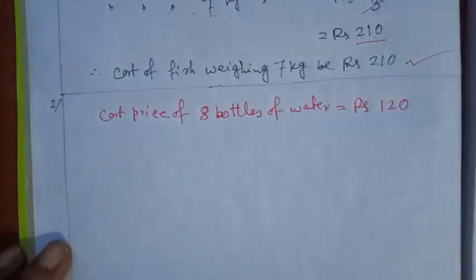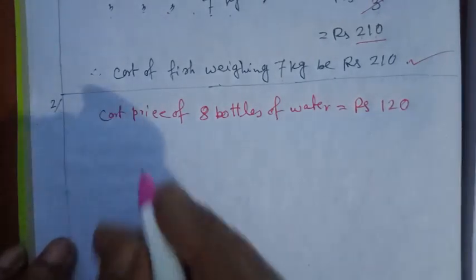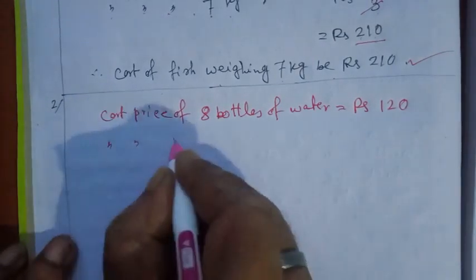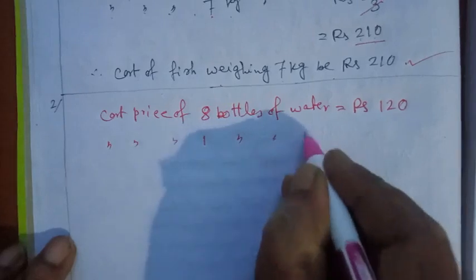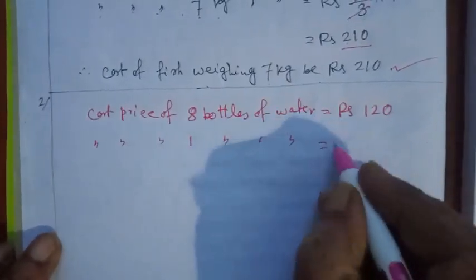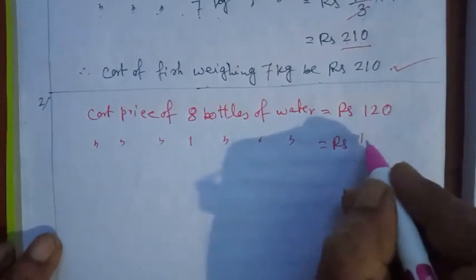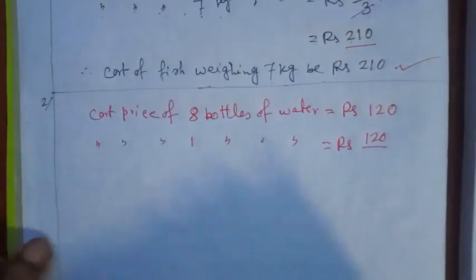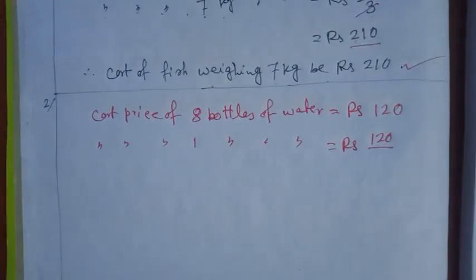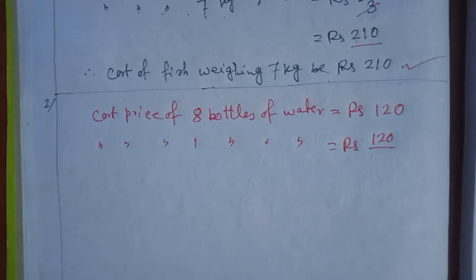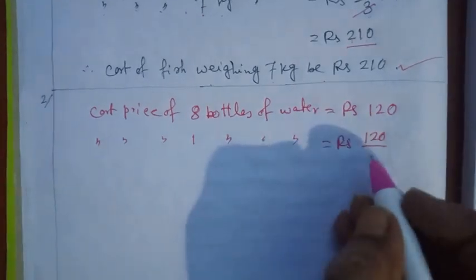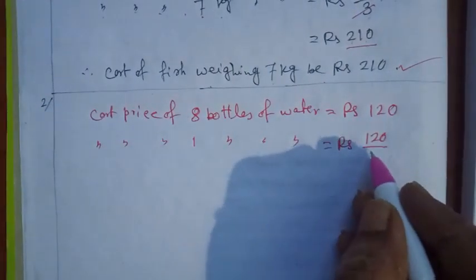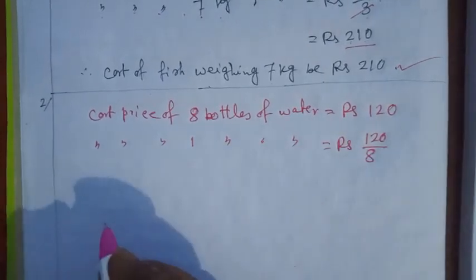Obviously you have to find out the cost price, so it is written in the extreme right. Now cost price of 1 bottle of water is equal to how much? Is it smaller than previous one or greater? If cost price of 8 bottles is 120, cost price of 1 bottle must be smaller than 120. So we have to divide 120 by 8.